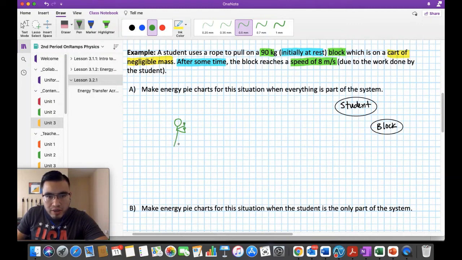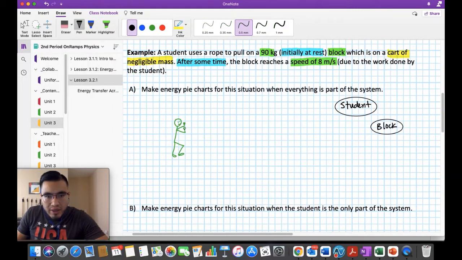Oh, it looks like he's squatting, right? So let's do the foot like that. So it kind of looks like... And then the student's happy because, oh, you can't even see it. Student is happy because it's the subject of a physics example.